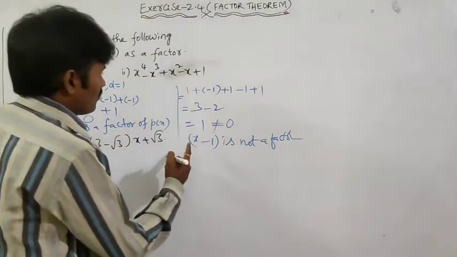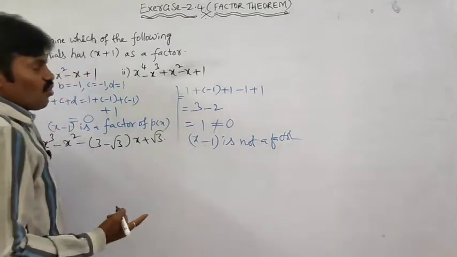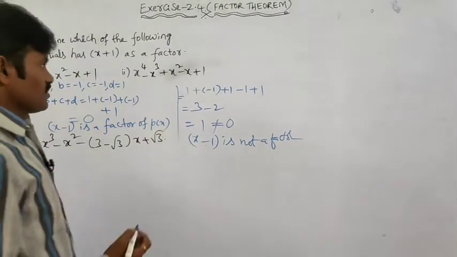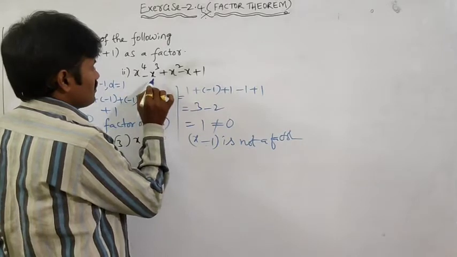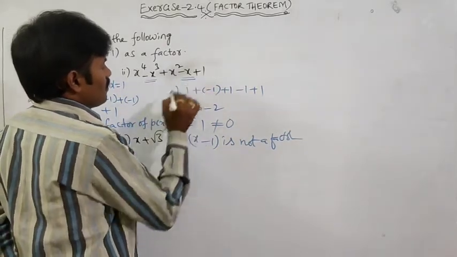So for that, what we have to do? We have to find the sum of the coefficients of odd power terms. What are the odd powers here? 3 is an odd power, so minus x cube, and 1 is an odd power.